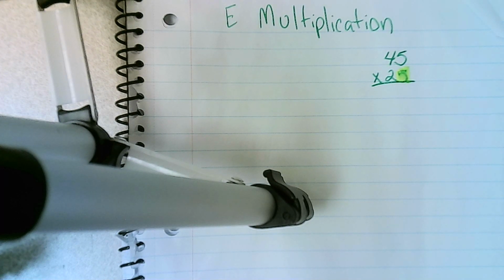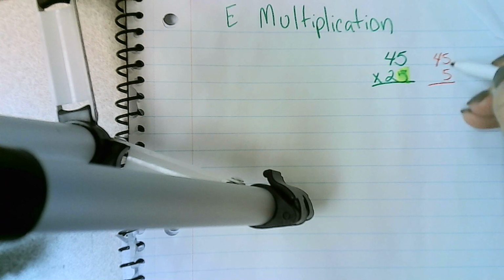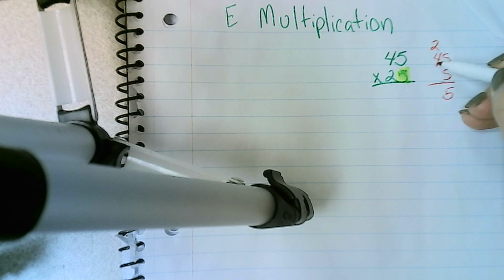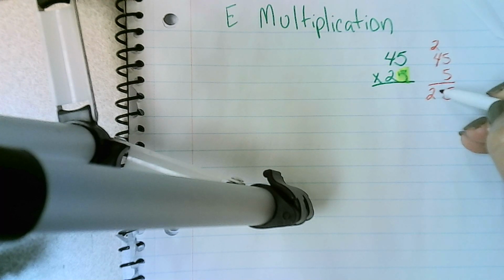So I'm going to work that out right here. 45 times 5. 5 times 5, 25. 5 times 4 is 20, plus 2, is 22.